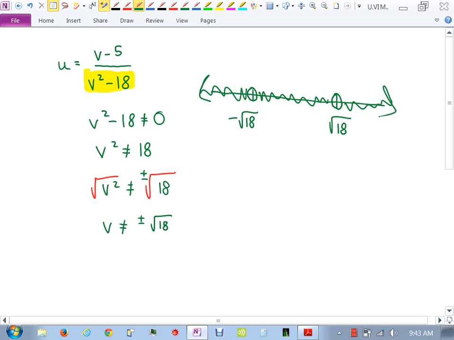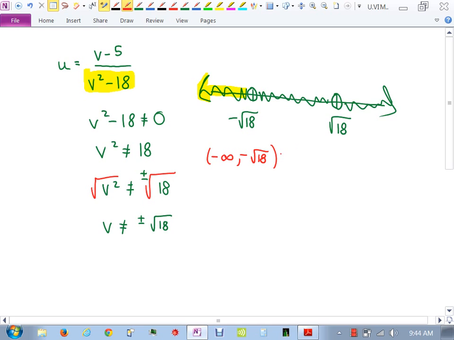Plus, this kind of leads into what we're going to do today with the drawing. So how do I say everything up to negative root 18? Negative infinity, negative root 18, parentheses. So that gives me everything up to negative root 18.